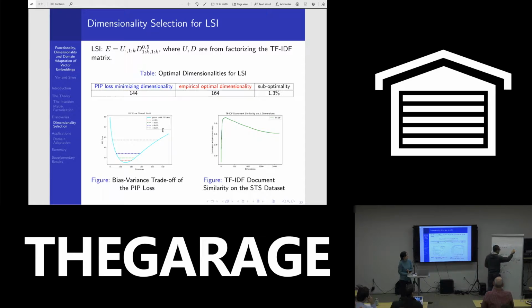Let's say GloVe is E1 and Word2Vec is E2. This is the original PIP loss, and I normalize it by E1 transpose times E2 transpose. And this quantity is about 0.3.